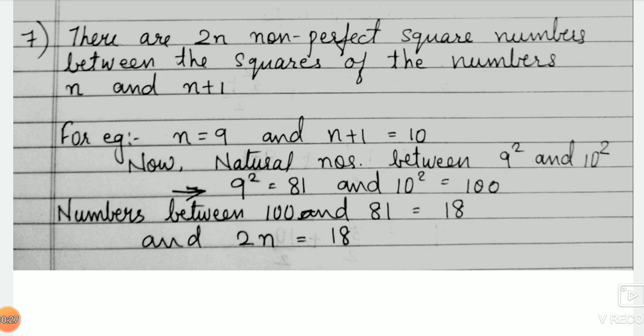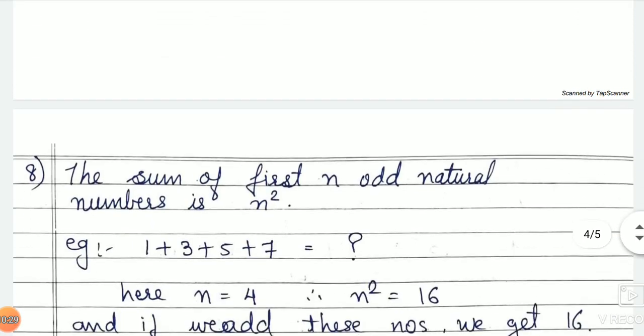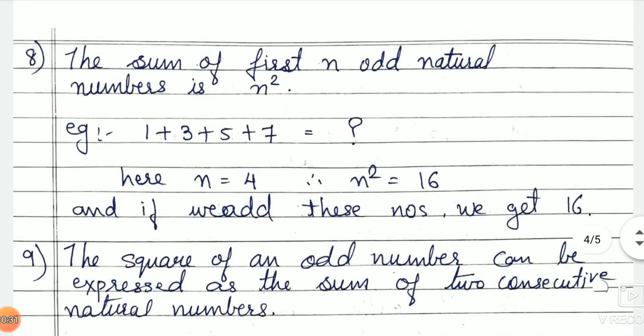Our next property is number 8, that is, the sum of the first n odd natural numbers is n squared. You know odd numbers, right? 1, 3, 5, 7, 9, 11, 13. These are our odd numbers. Now if you add these odd numbers, count how many odd numbers you added.